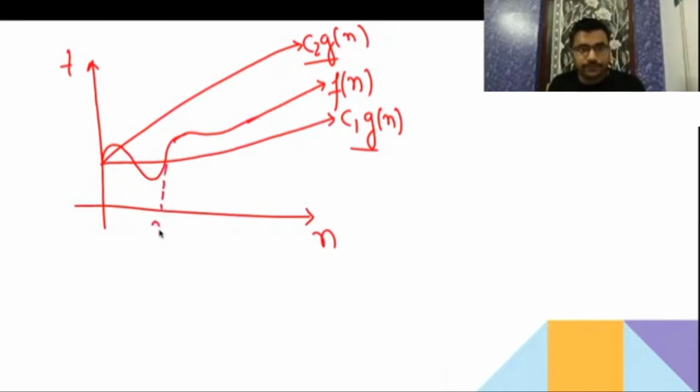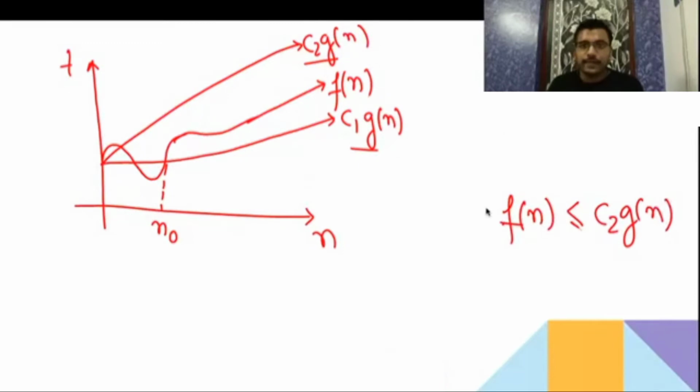After this n naught, this c1 g(n) is always smaller and c2 g(n) is always greater. Both we have to see. So this is called, for this condition, if for a function f you are finding some g(n) such that if you vary the constant, then that function should be smaller than c2 g(n) and f(n) will be greater than c1 g(n), then you can say that f(n) is equal to theta of g.